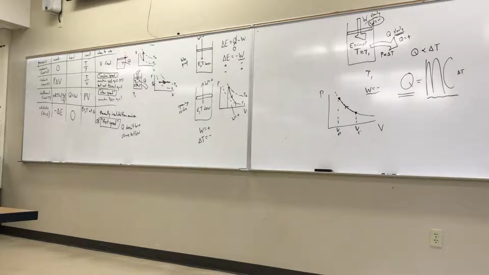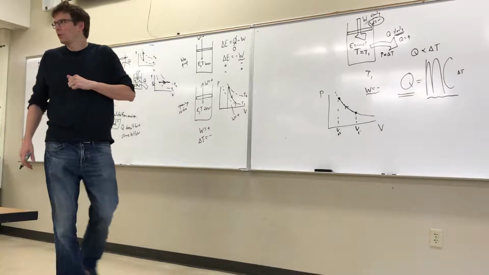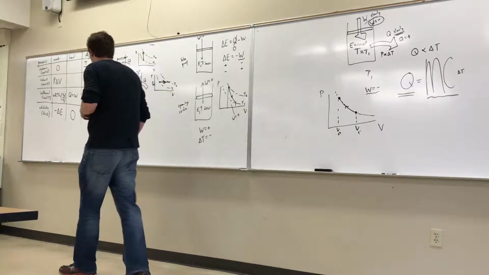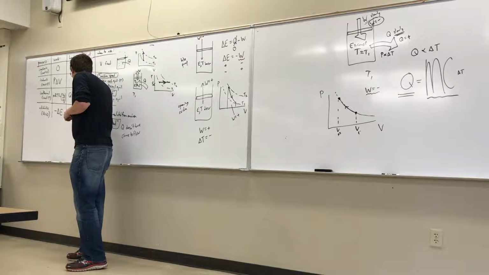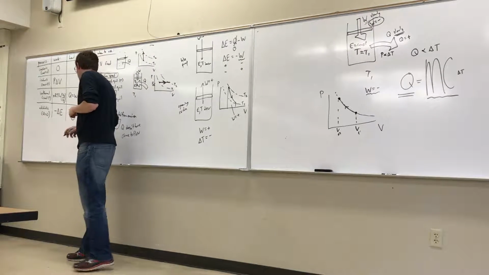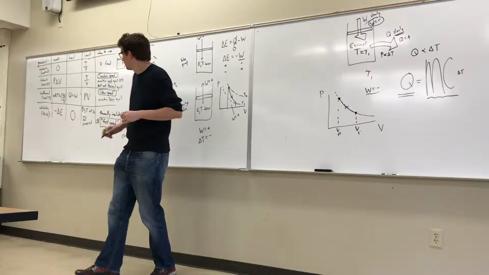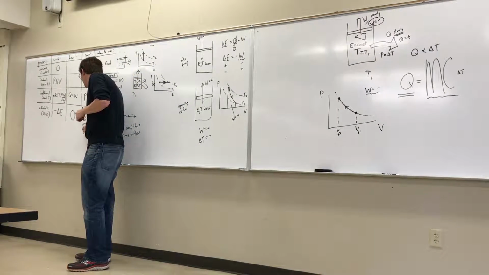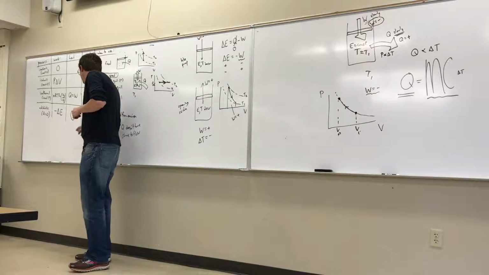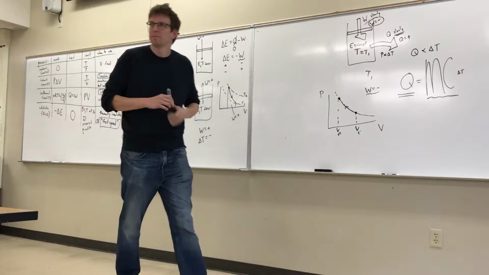Okay? Nonetheless, there is a quantity that is conserved for an adiabatic process, but we're not in a position yet to talk about what that is. There is a conserved relationship between them, but we're not in the position yet to say what it is, okay?